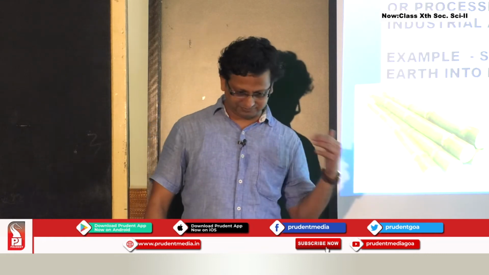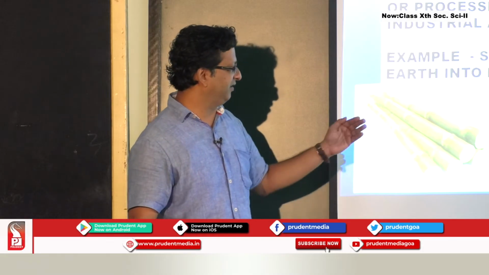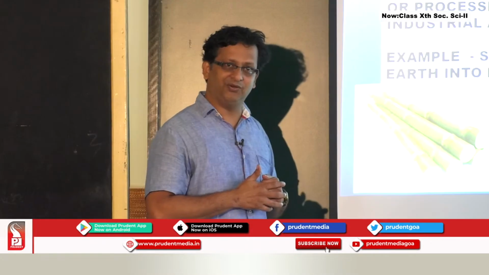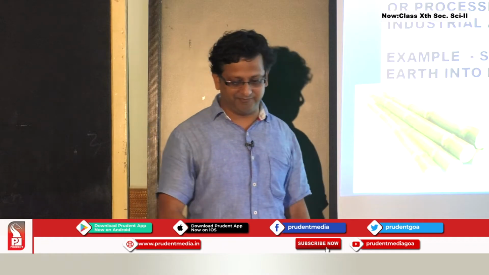For example, as you can see on your screen, towards the left, we have sugarcane, we have sugar, which is the product which is manufactured after changing the form of the original product, that is sugarcane. Okay, so this is one example.